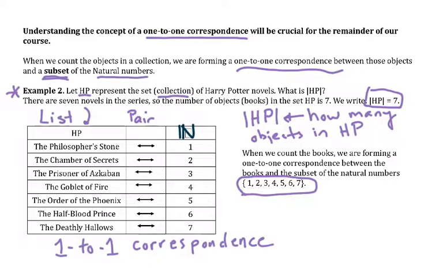So every book corresponds to a number, and every number corresponds to a book. So that is the very fundamental aspect of a one-to-one correspondence. Between two sets, you can pair them up so that everybody is matched with exactly one object from the other set.